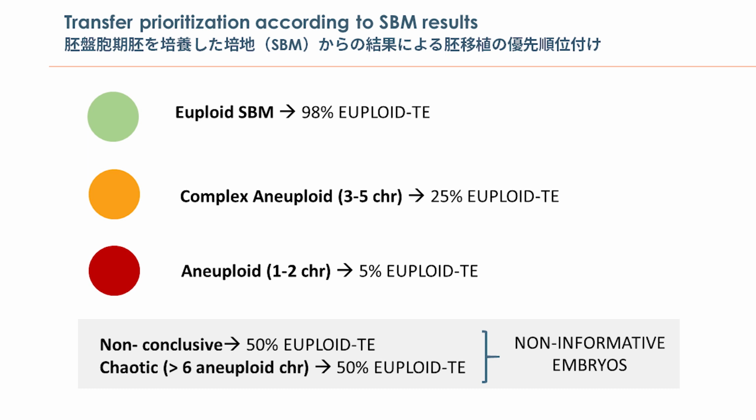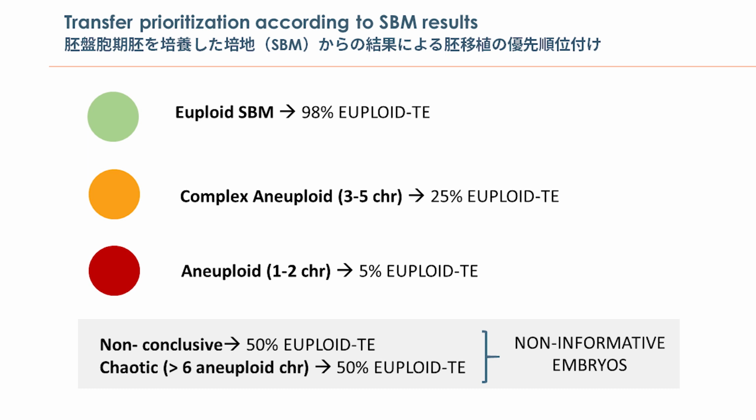So if you transfer embryos in this category, maybe it's good advice to recommend non-invasive prenatal testing, for example. So you have the embryo, it's a nice blastocyst, but you have the embryo classified in this category. You can transfer the embryo, but you should advise to do non-invasive prenatal testing because this is a higher risk of aneuploidy.